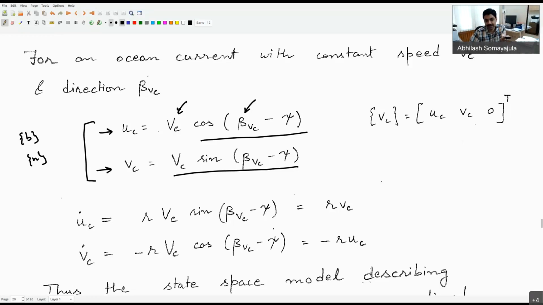It will be the B frame. Makes sense, right? I'm taking the velocity of the current with respect to the ship's longitudinal direction and resolving it into components along the longitudinal direction and the transverse direction. So they are in the B frame, as long as we are not having much heave, roll and pitch going on.